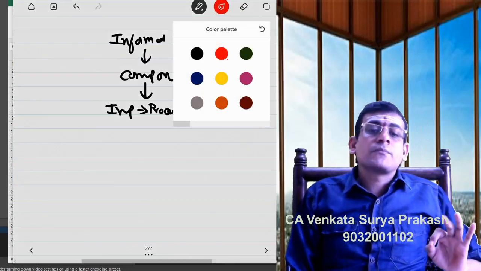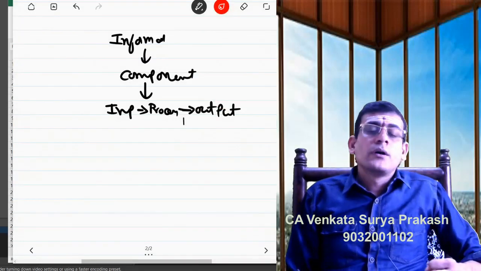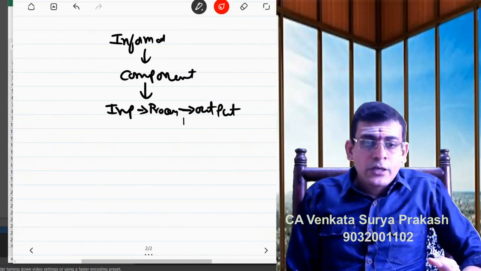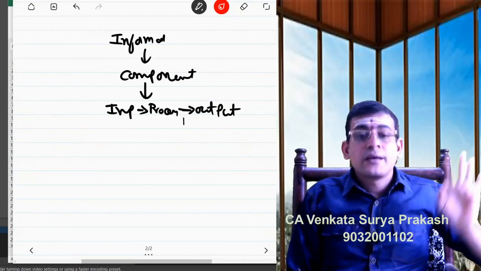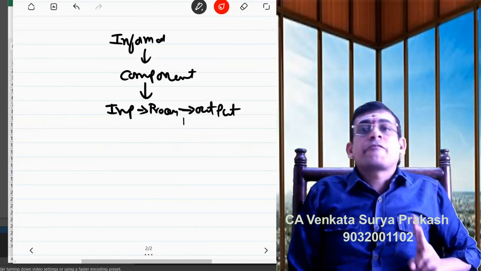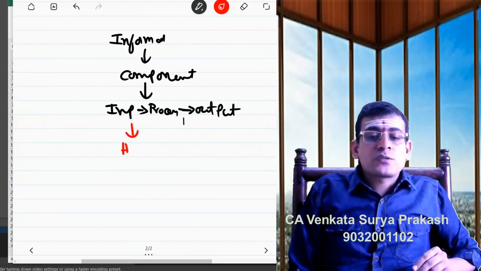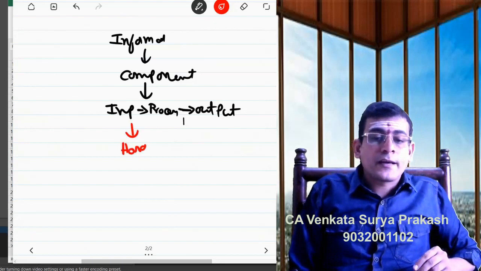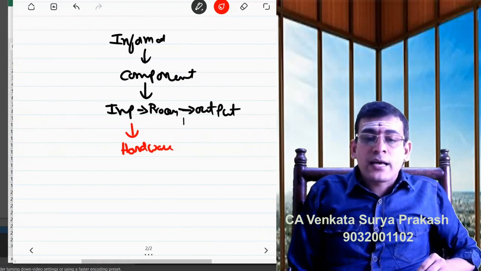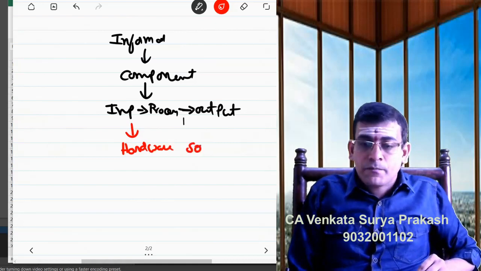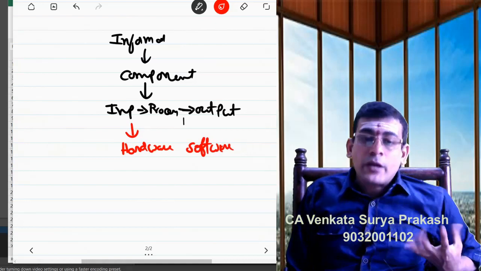So you need to have components of your information. You are inputting something, processing something, and getting something as output. For this, you require a few things. You need to have hardware, and you need to have software. Without hardware, I cannot input.